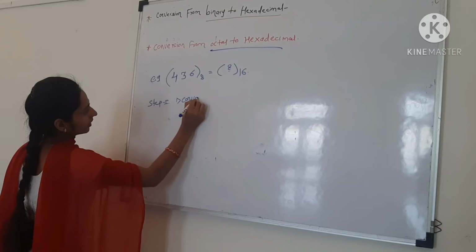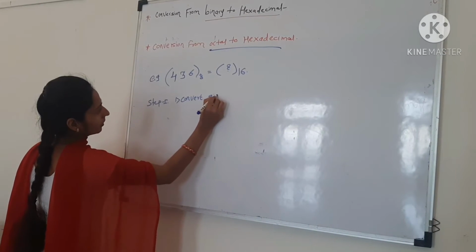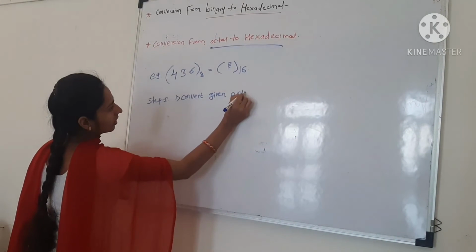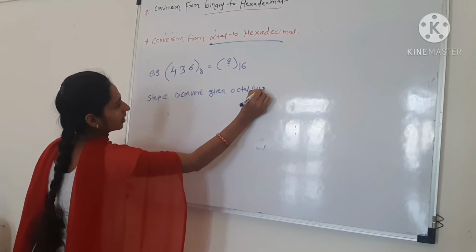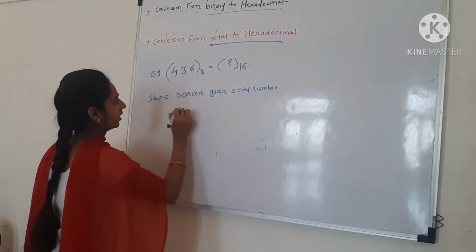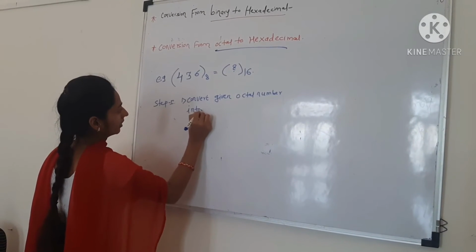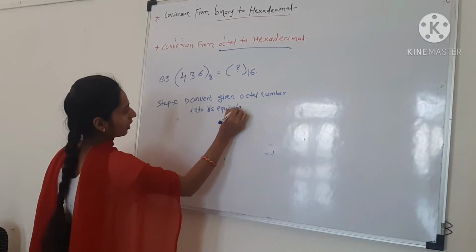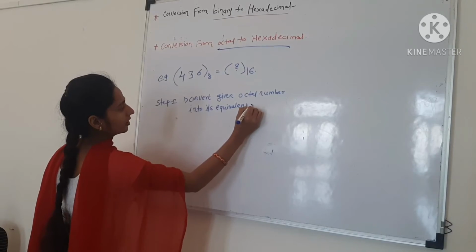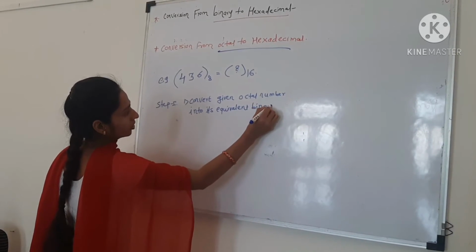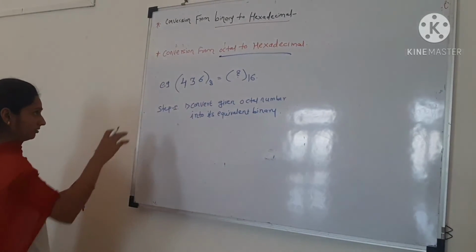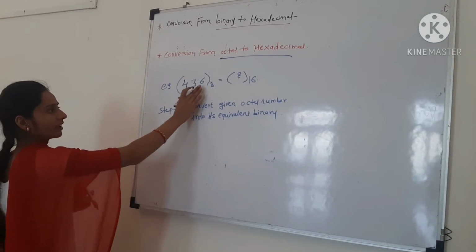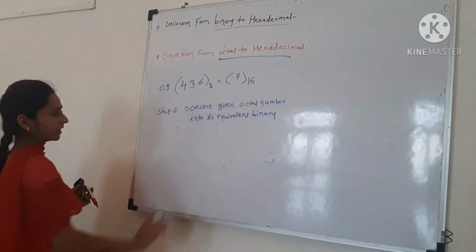convert the given octal number into its equivalent binary, which we have seen. Here we cannot directly convert our octal number into hexadecimal.